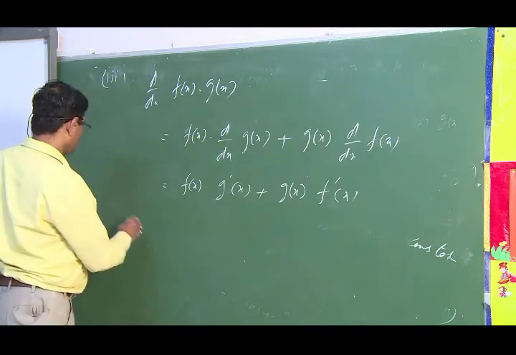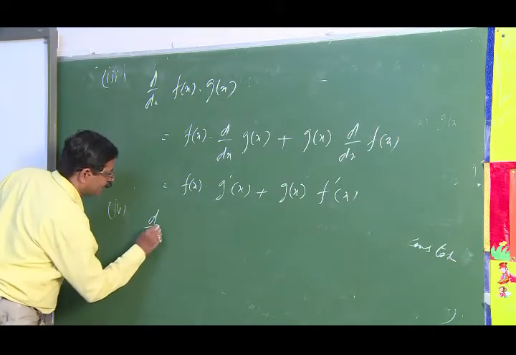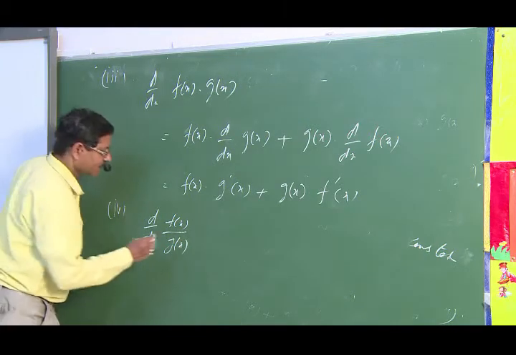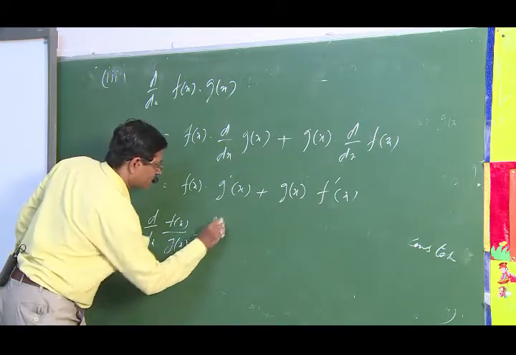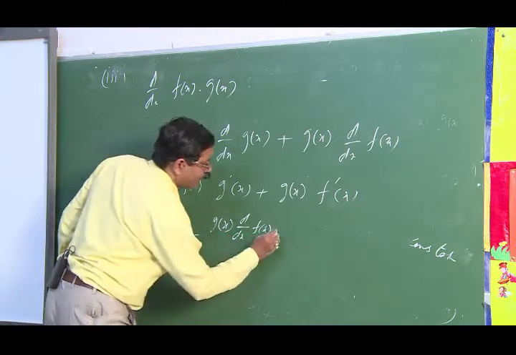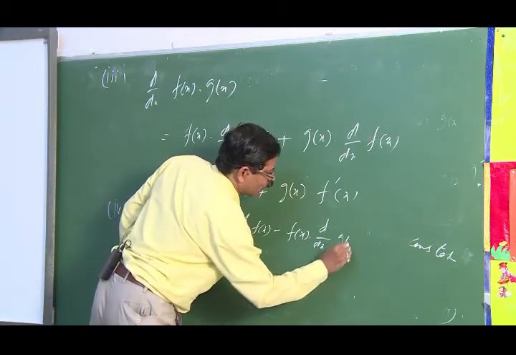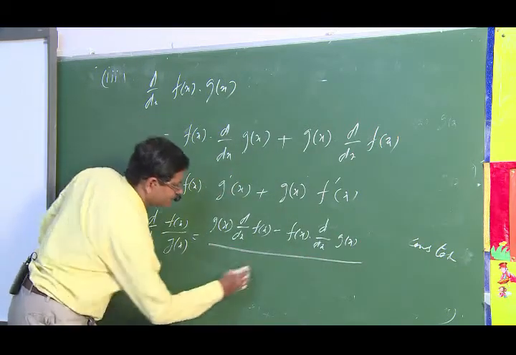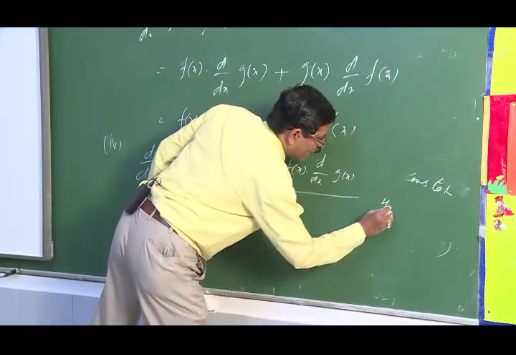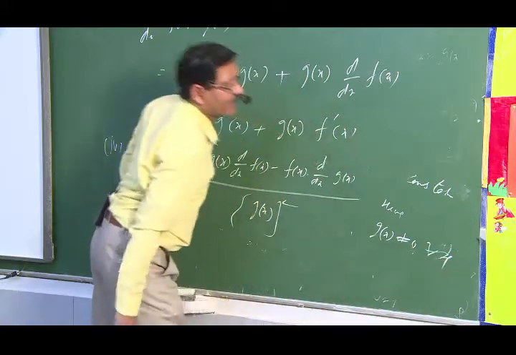Now similarly, the quotient rule or division rule: d by dx of f(x) upon g(x) is equal to g(x) into d by dx of f(x) minus f(x) into d by dx of g(x), upon the whole square of g(x), provided here g(x) is not equal to 0 for every x.